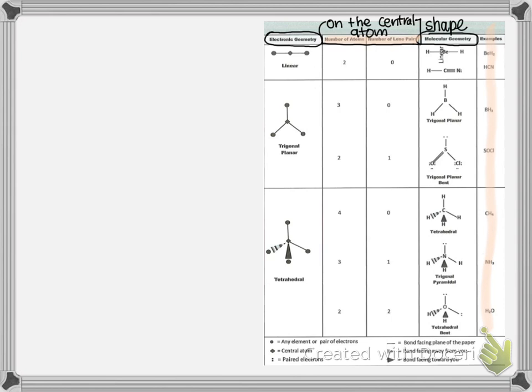All right, so the first one is H2S, which had the Lewis structure that looked like this. Now, Lewis structures don't have to show shape. They're just showing the atoms. All right, so our central atom is sulfur. So this is the one we're going to pay attention to.